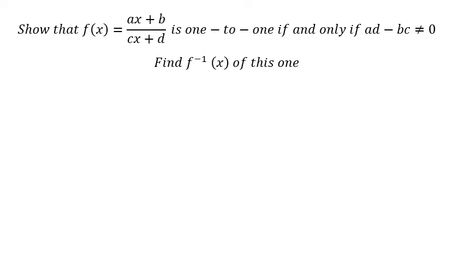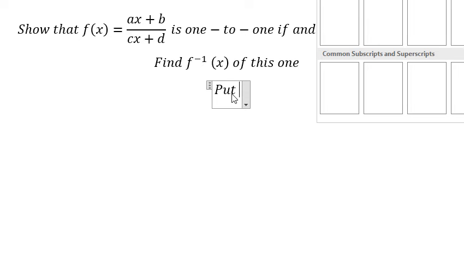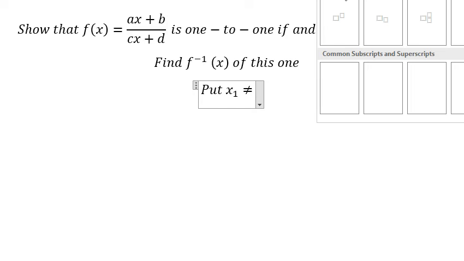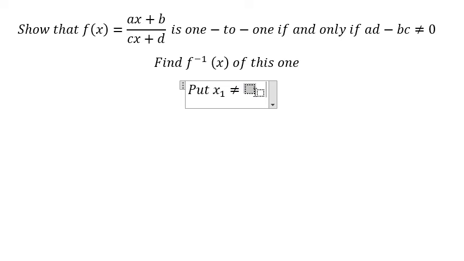Today I want to talk about calculus, the topic about one-to-one functions. Now I want to show you how to answer. The first thing, I will put s1 is not the same as s2.